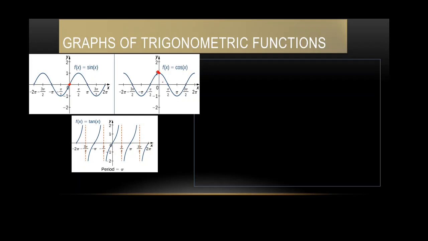So at x is equal to 0, the cos function is equal to 1, and the sine function is equal to 0. When x is equal to pi by 2, which is 90 degrees, the cos is equal to 0, whereas the sine is equal to 1. So it seems like a shift of pi by 2 between the sine function and the cos function.